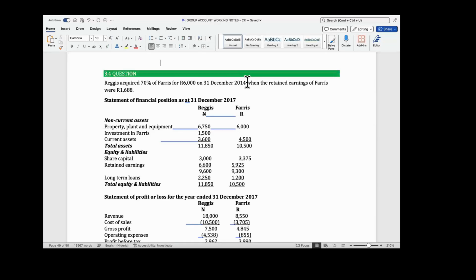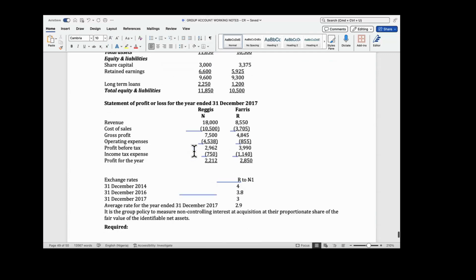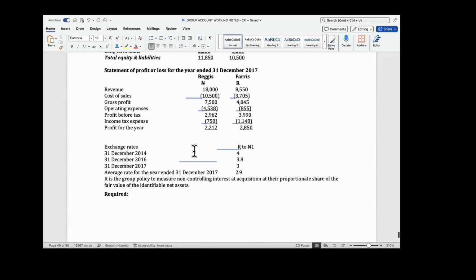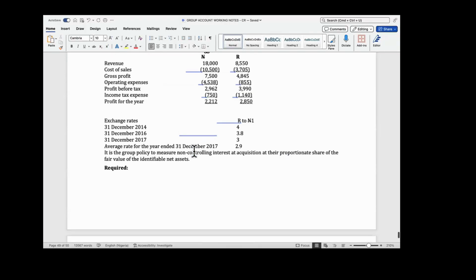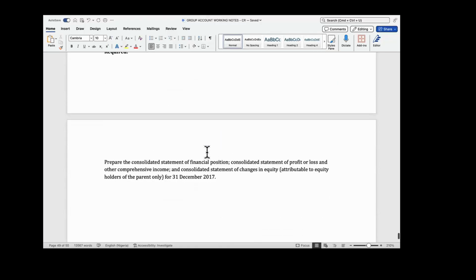We're given statements of financial position and profit or loss, then the exchange rates. They say the policy is to measure NCI at acquisition at the proportionate share of the fair value of identifiable assets. I'm asked to prepare the statement of financial position, consolidated statement of profit or loss and other comprehensive income, and statement of changes in equity attributable to equity holders of the parent.